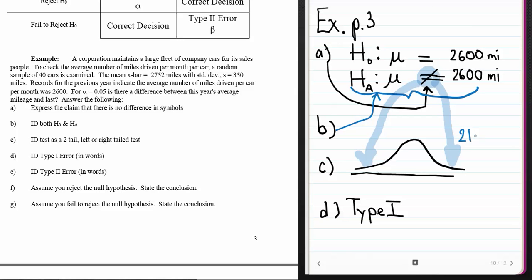And so we have the two tails, and that's going to form our rejection regions or our critical regions. And what that does is it tells us what area we're going to be using in these tails in order to find our critical value.